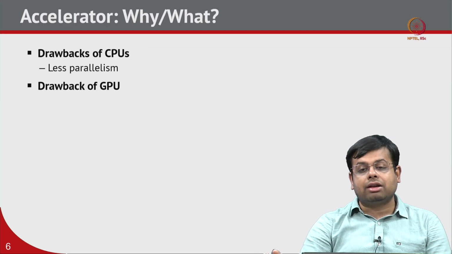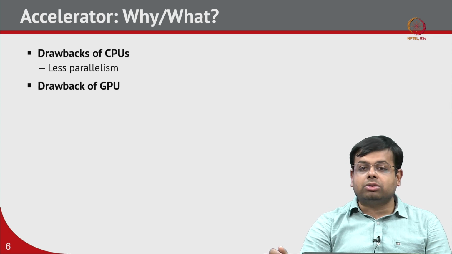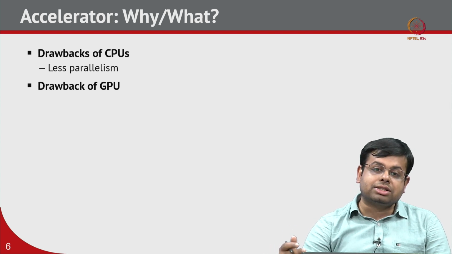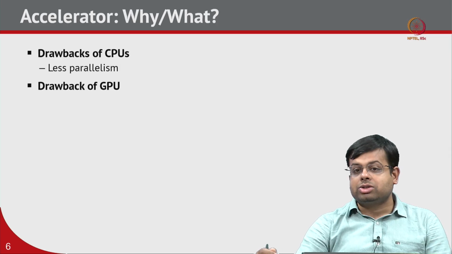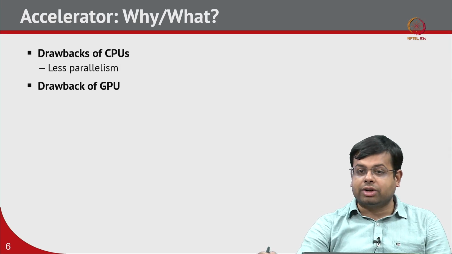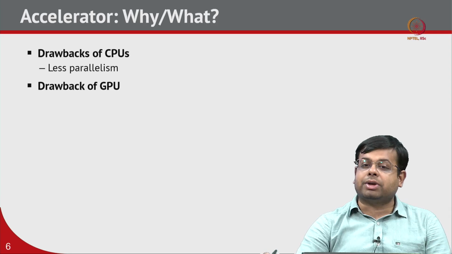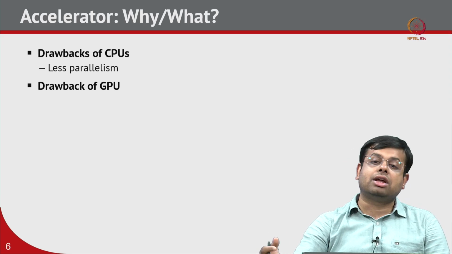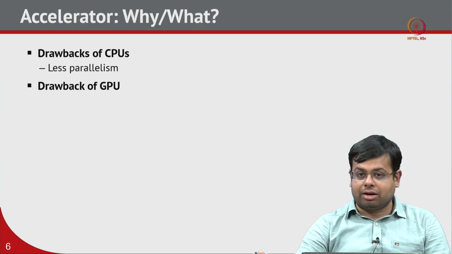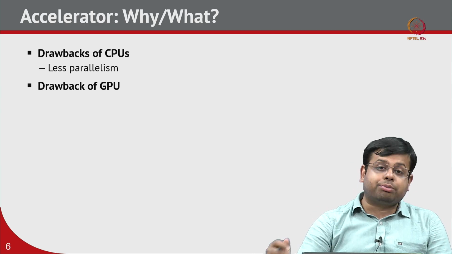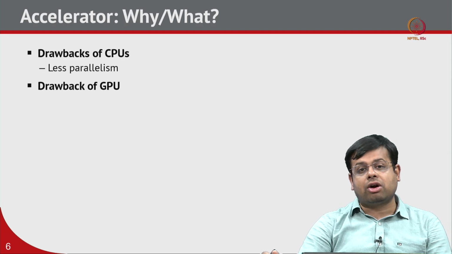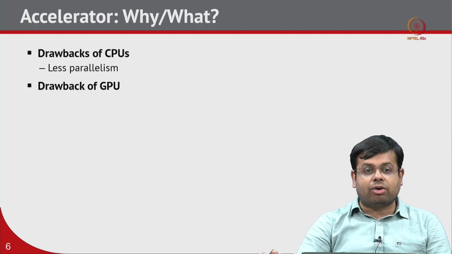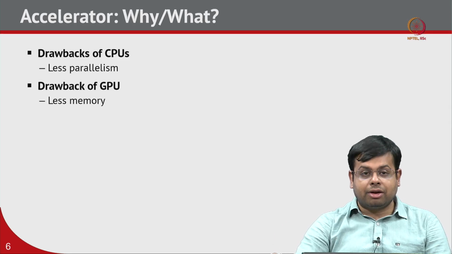That is why the GPU is again a better candidate than the CPU to execute all these DNN algorithms, because they have similarity with image processing or video processing algorithms, where each of the pixels, or many patches of the image, are processed together or can be processed in parallel, right. That is why GPUs are heavily used for inference as well as training of these DNN algorithms. But then GPUs also have some drawbacks.